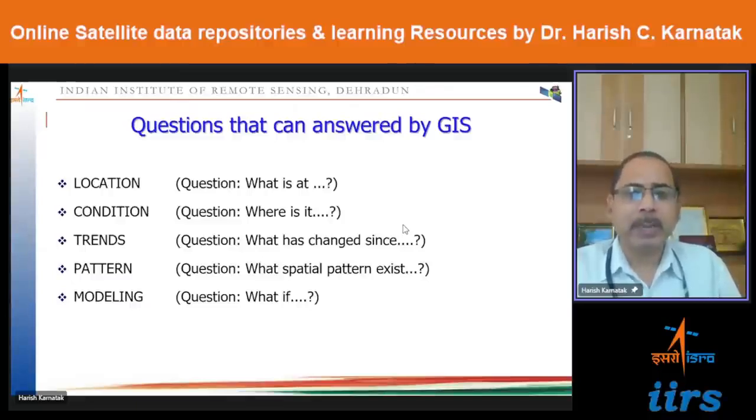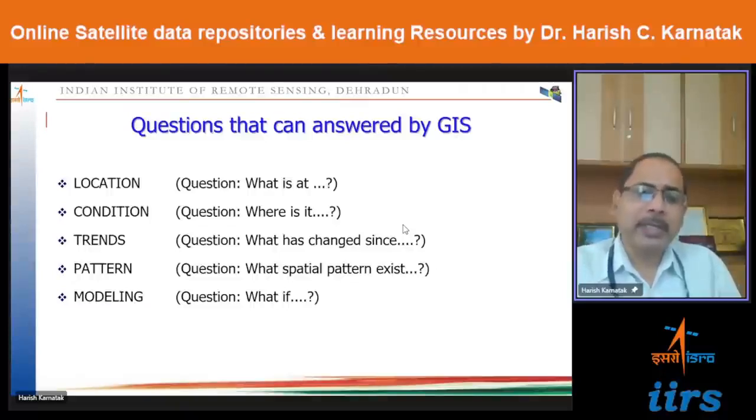Pattern recognition is about what kinds of patterns exist in the data. For example, suppose I am trying to study rainfall patterns in the spatial domain, that is, if I have the rainfall data as a map, a representation as a surface, then I can understand the trend of rainfall in a particular locality.